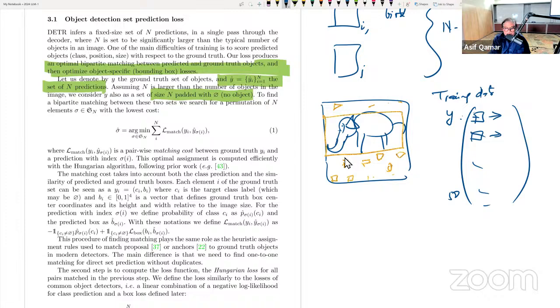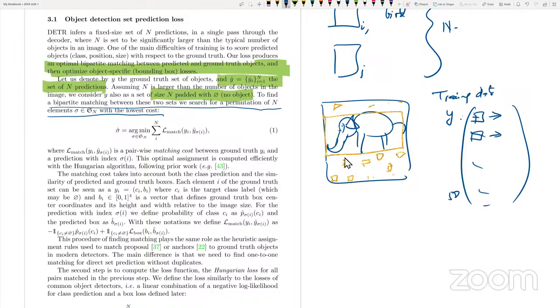Now it says, to find a bipartite matching between 2 sets, we search for a permutation of elements, sigma, with the lowest cost. Now, what it is saying is, let me take 2 things.